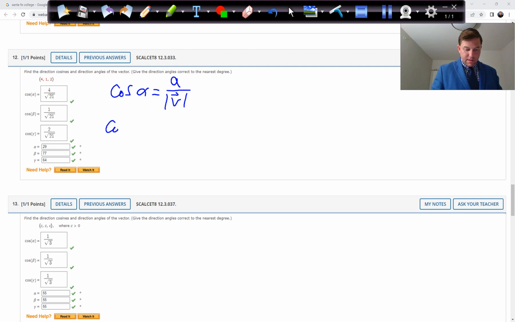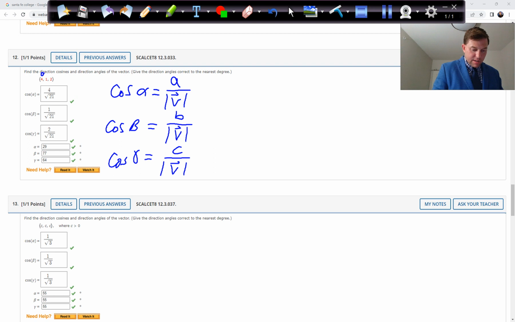And the direction cosine of beta is the B component of the vector divided by the magnitude of the vector. And the cosine of gamma is the C component of the vector divided by the magnitude of the vector, where this vector we've written as A, B, and C.